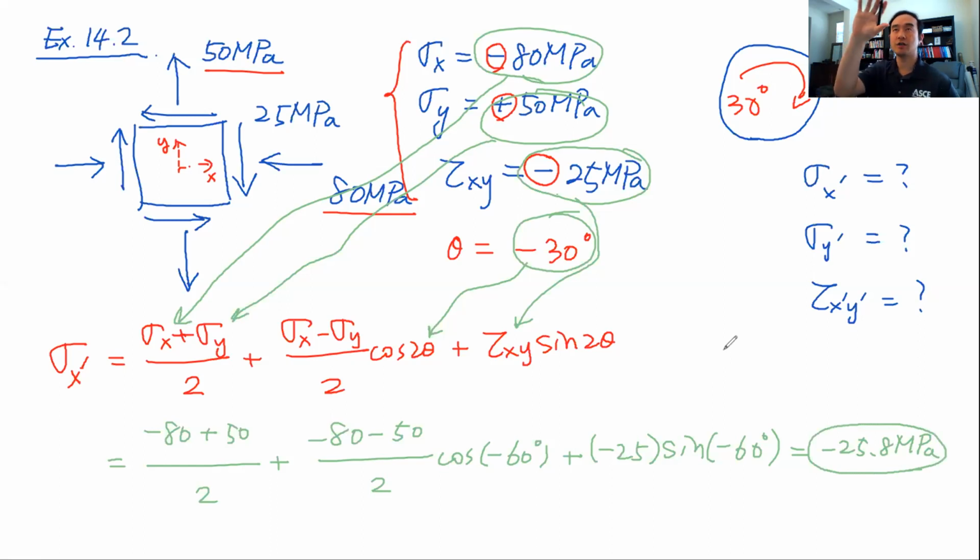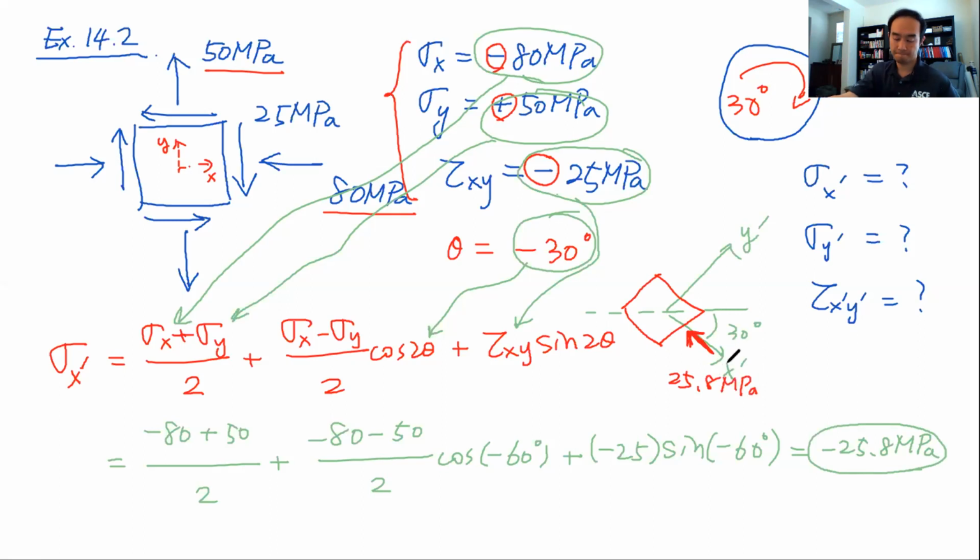So when we change the angle and the coordinate system from xy to x prime, y prime, with a 30-degree angle change, our stress block looks something like this, and this is sigma x prime. Here we have a negative value, so it's compressive stress, 25.8 megapascal goes there.